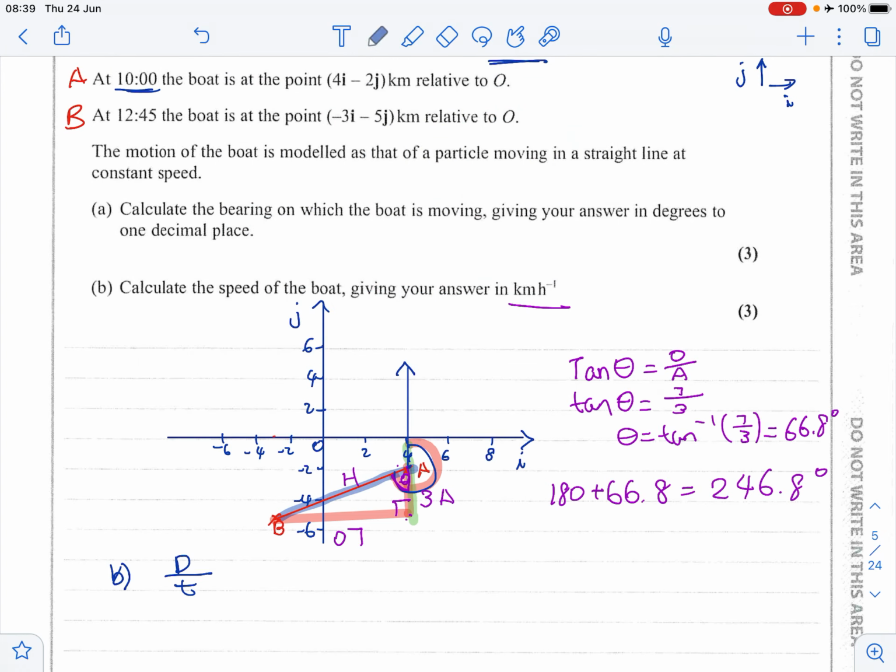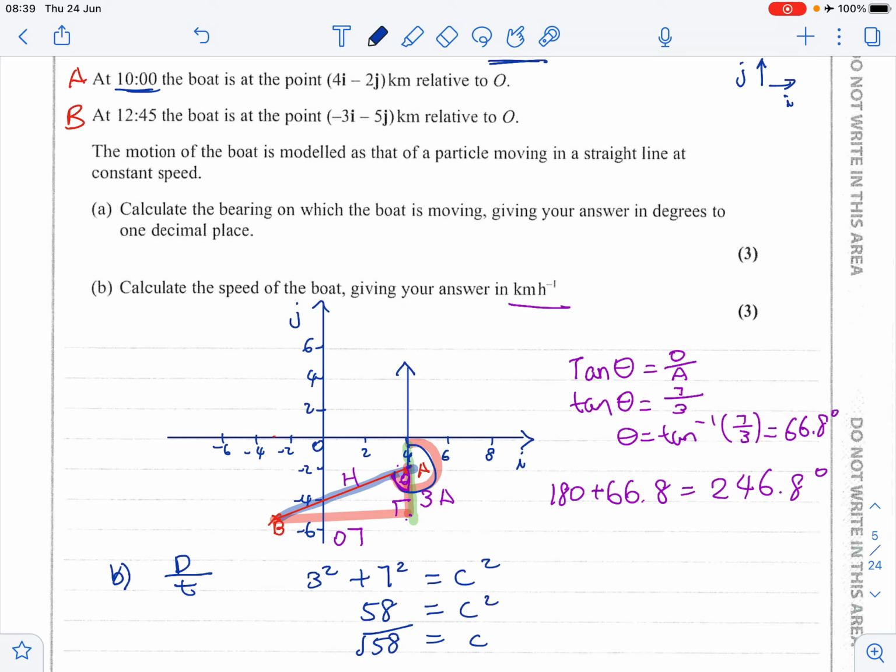Again, this is a Pythagoras problem. It's 3 squared plus 7 squared, which is 58, and the distance is going to be root 58.